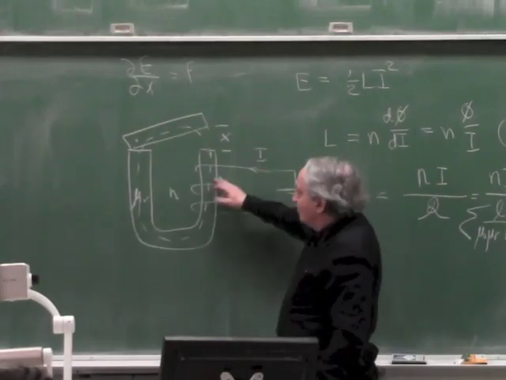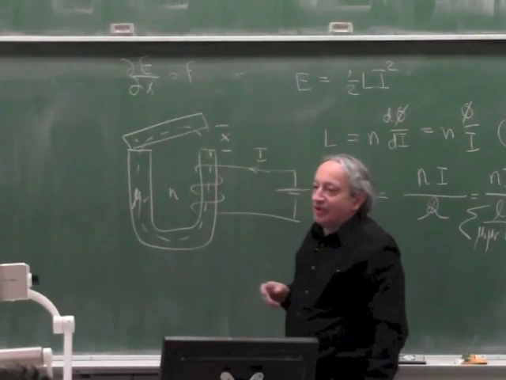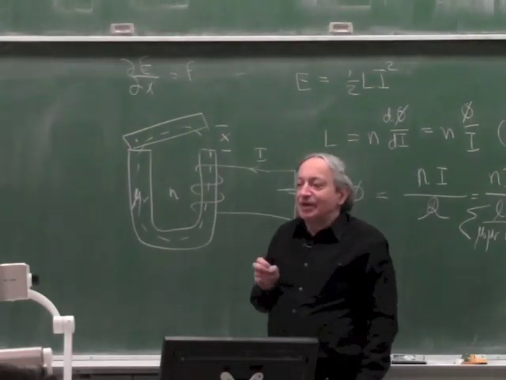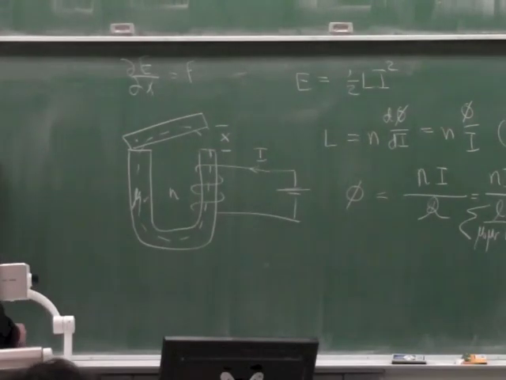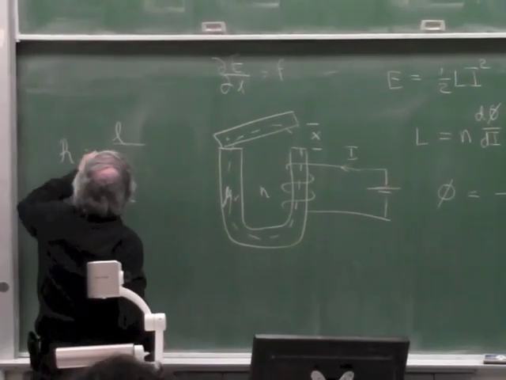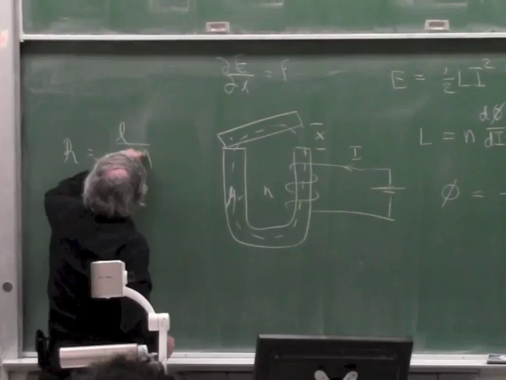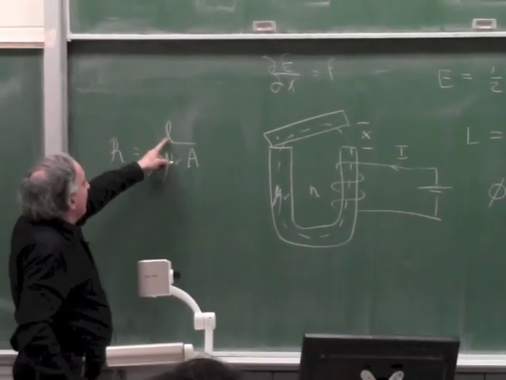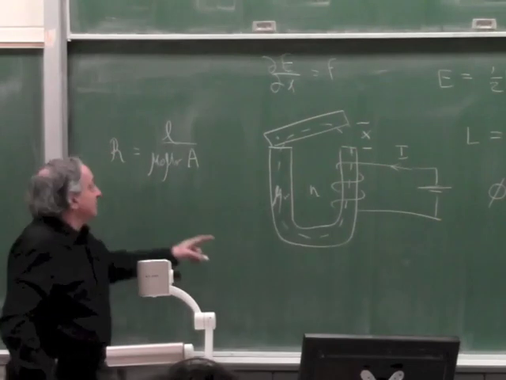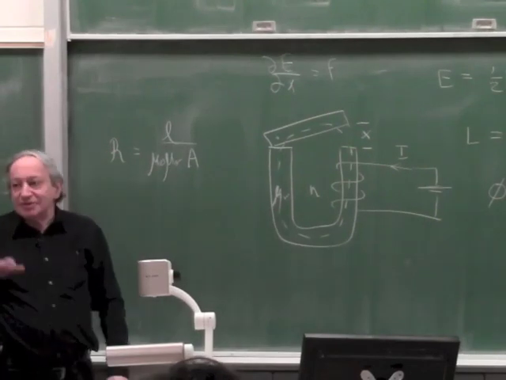But this path through the steel is much longer, yet the reluctance of this path is much lower. Because if you look at the formula for reluctance again, L over mu 0 mu r A, for the steel L is, let's say, 100 times longer, but the mu r is thousands of times bigger.